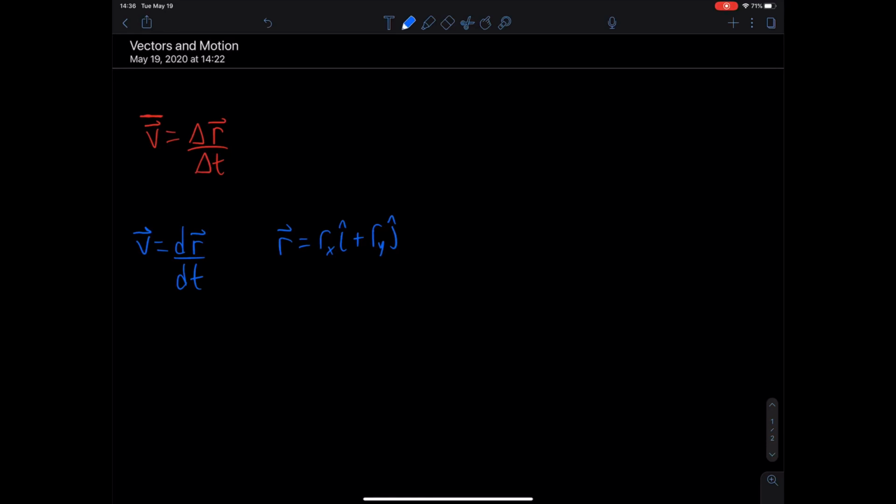If we're trying to take the derivative of this vector, dr dt, it's very simply just taking the derivative of each component. So it's the derivative of the x component with respect to t plus the derivative of the y component with respect to t in the vertical direction. So it's just component-wise, and when we do some examples of these, we'll see a more in-depth look at how to actually do this. But our instantaneous velocity vector is going to be the derivative with respect to time of the position vector.